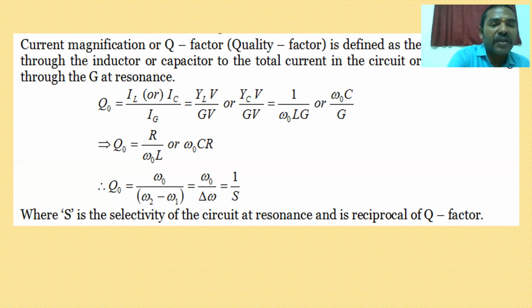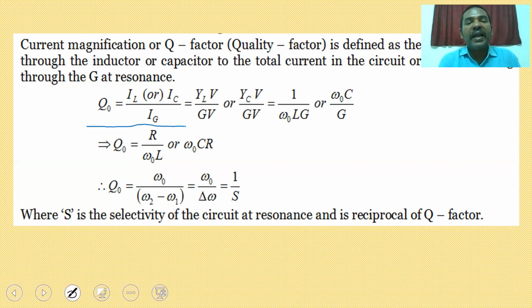So quality factor Q0 is equal to IL or IC divided by IG. That is equal to YL into V divided by GV, or YC into V divided by GV. So V anyway gets cancelled. You can get 1 by omega naught LG or omega naught C by G.